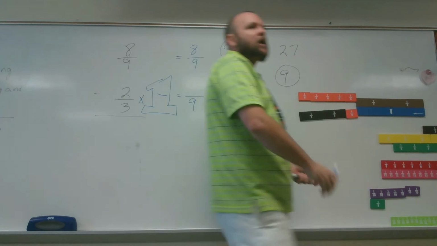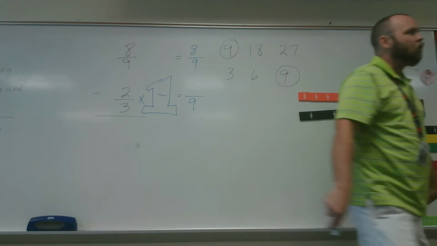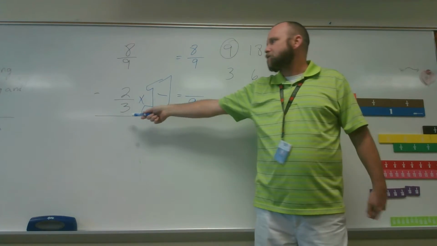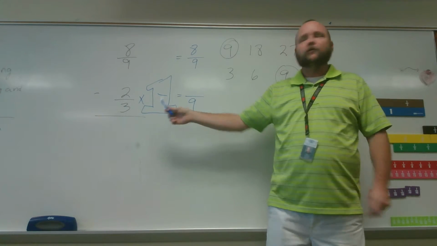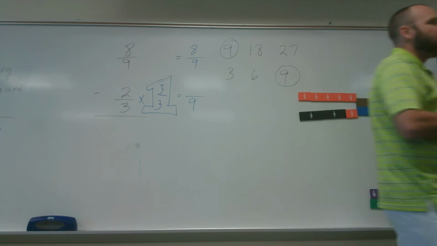So I need to multiply it by a fraction that equals 1. Remember, Oscar, a fraction that equals 1 has the same numerator as denominator. And when I multiply fractions, I multiply straight across. So that fraction must have what as the denominator? 3. And for it to equal 1, it has to be 3 over 3.